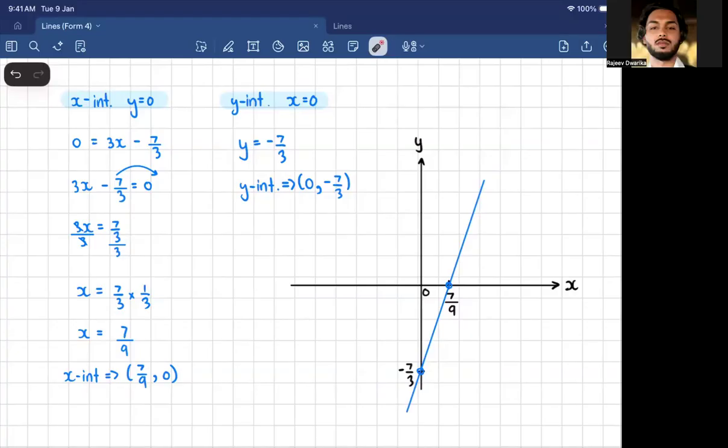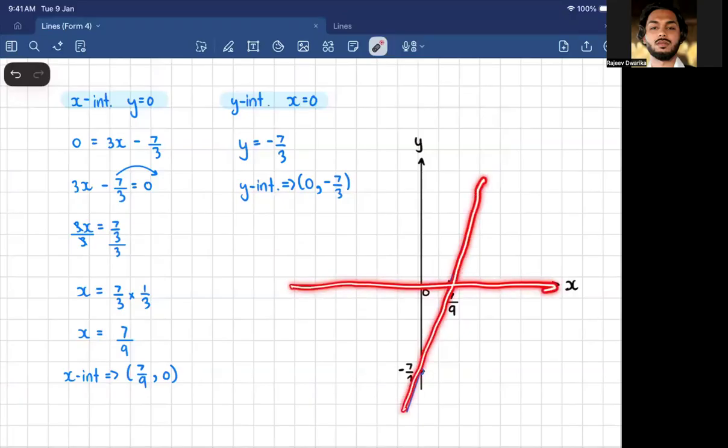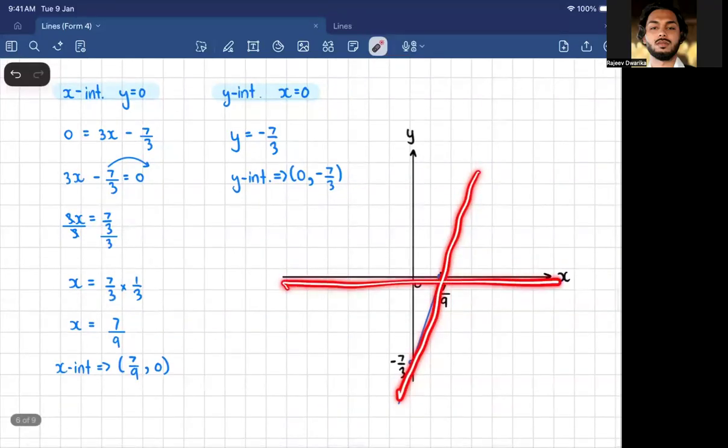No. So this is the line over here, and this is the x-axis. Where does the line pass through the x-axis?